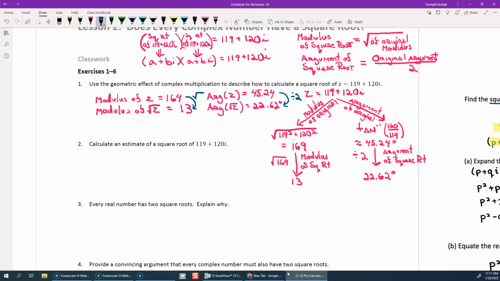We're going to put it in polar form. So polar form means you take the modulus times the cosine of the argument plus sine of the argument i.